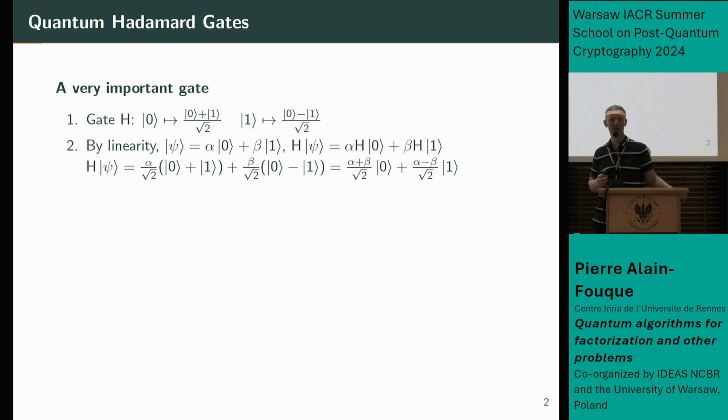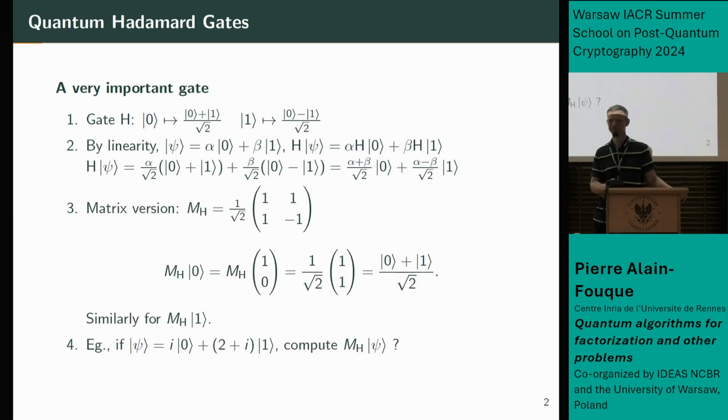And you can also extend this by linearity, because H is a linear operator, and so you can just compute alpha times H of ket 0 plus beta times H of ket 1. And so you will get some formula, and if you do the math, it's not very complicated to see how any other quantum state can be mapped to this basis.